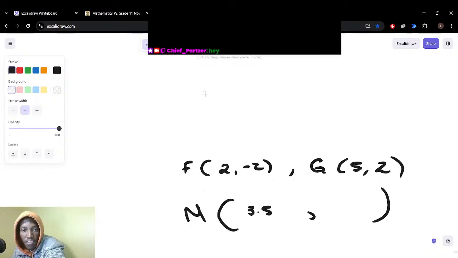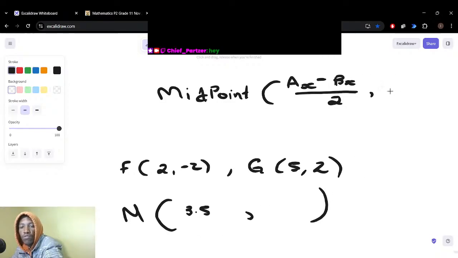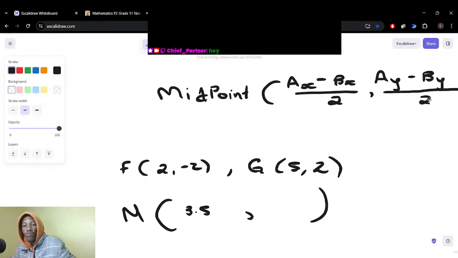Given 2 points, the midpoint theorem says that the midpoint, let's say of a point between A and B, is actually ax minus bx over 2, and ay minus by over 2.